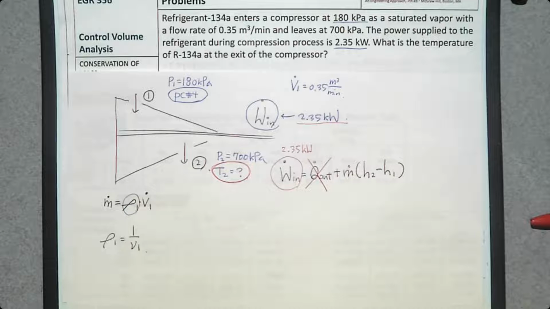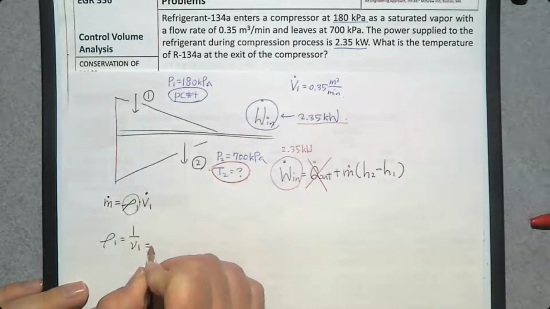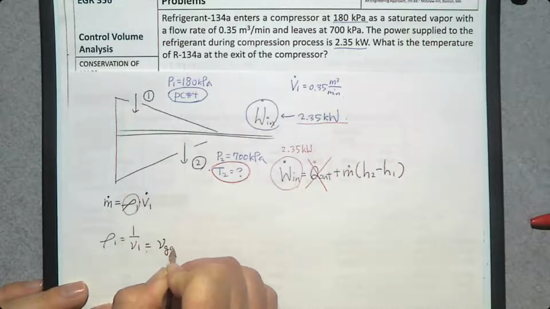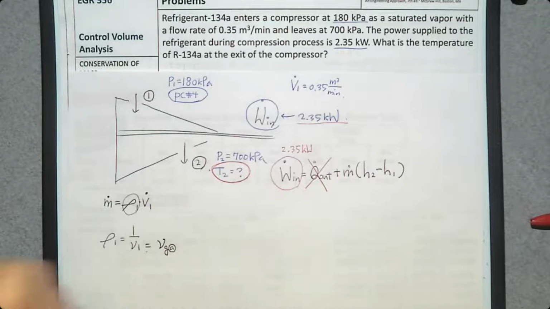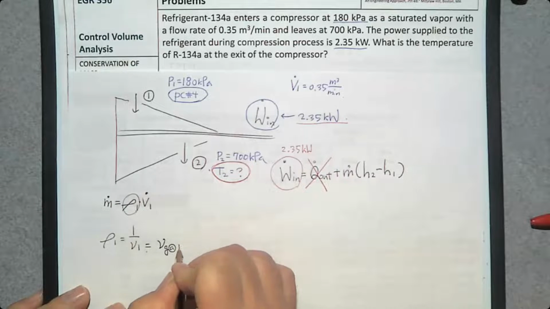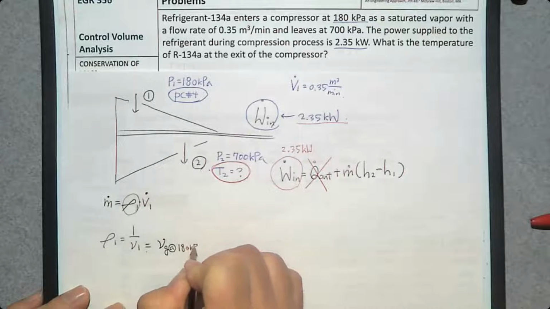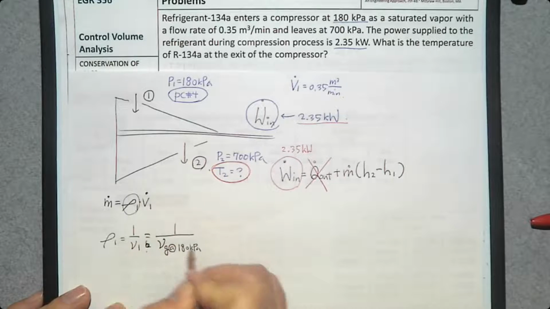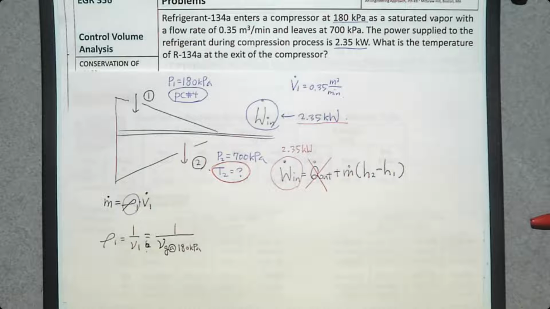It is saturated vapor. If you have saturated vapor, the specific volume is vg at the given condition. What condition? 180 kilopascal. That's how you determine specific volume and the density.